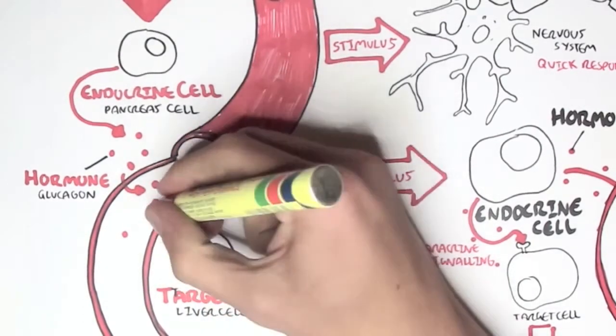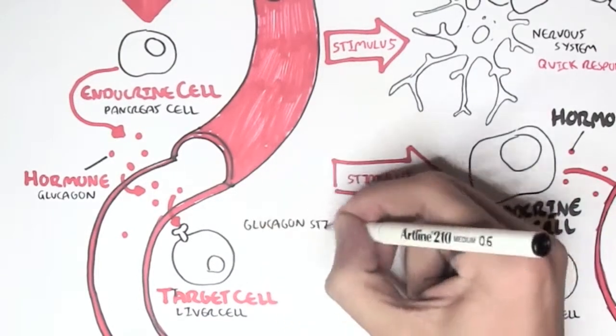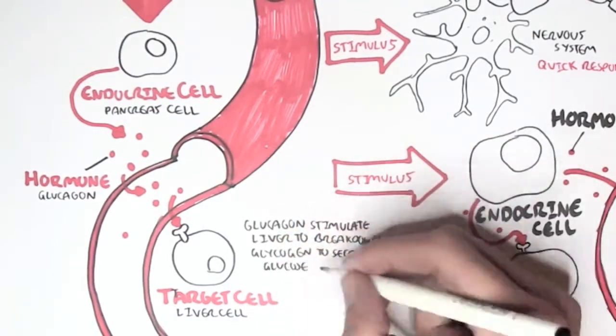Glucagon is not a lipid hormone because, one, it is not bound to a protein when it travels through the blood, and two, it binds to receptors on the cell membrane. When glucagon binds to the receptors on the liver cell, it will stimulate the liver to break down glycogen to secrete glucose in the blood.